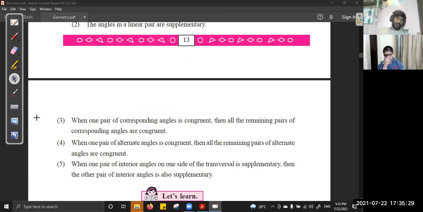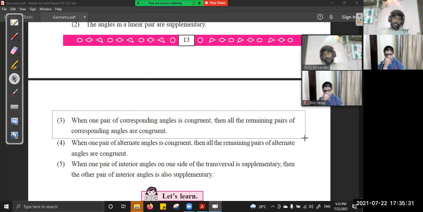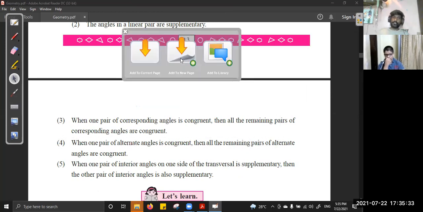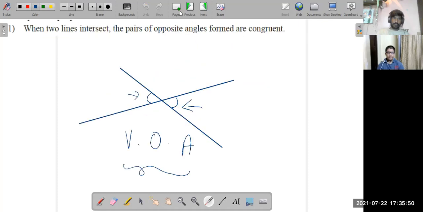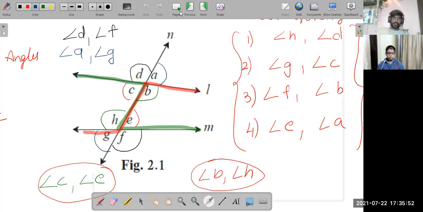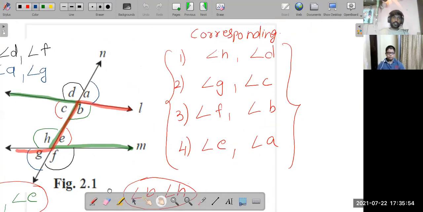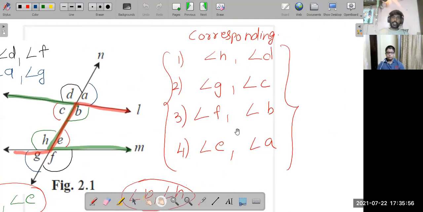Okay, this third and fourth points are easy. The third point says, when one pair of corresponding angles is congruent, then all the remaining pairs of corresponding angles are congruent. I'll come back to this example. Here we wrote the pairs of corresponding angles.